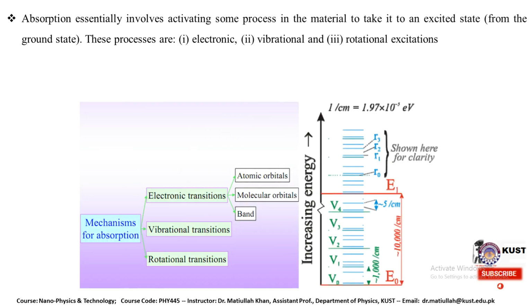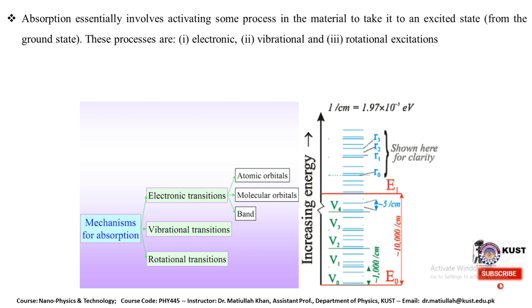Absorption actually involves activating some process in the material, that is, the excitation of the material from its ground state. There are different processes possible for this movement of a system from its ground state to an excited state. The first is an electronic transition, where an electron is moved from the ground state toward the excited state. In an atom, the movement of an electron between atomic orbitals is responsible for that.